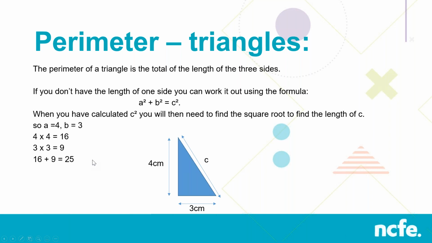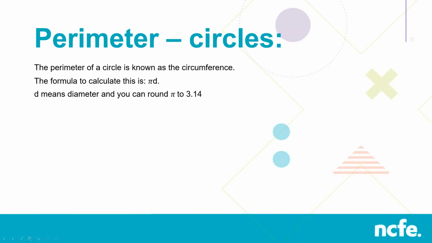So we know now that c squared is equal to 25. In order to find c, we need to find the square root of 25, and that equals 5. So if c equals 5, then to find the perimeter, we simply add 5 plus 4 plus 3, and we get 12 centimeters.